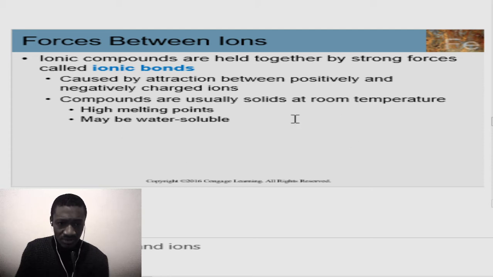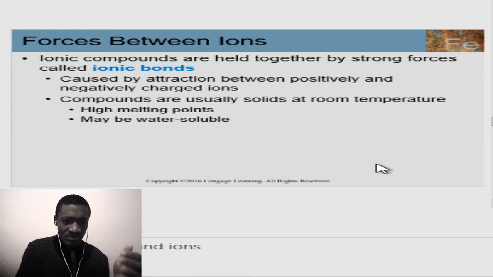So ionic compounds are held together by strong forces called ionic bonds. So the bonding is as a result of the force. They cause an attraction between positively and negatively charged ions. This ionic bonding force is what causes it.